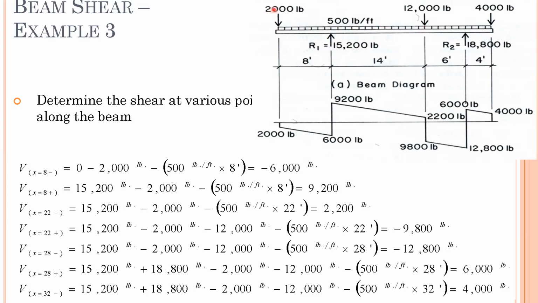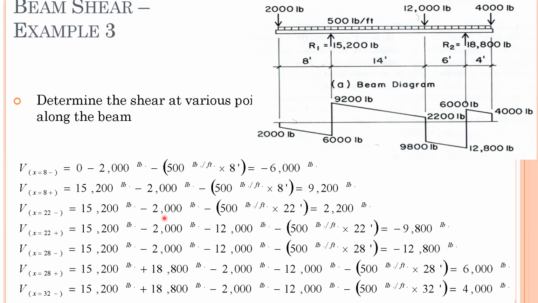So look, 2,000 plus this distance here is what? 22, because 8 plus 14, this is 22. So all along the span of the beam here it's 22 times 500. So 500 times 22 is minus, because this is going up to this point here. So that's 22, and this is a negative, working out the negative shear that is happening.